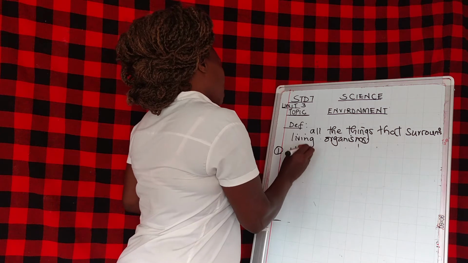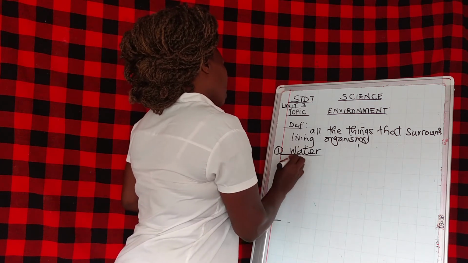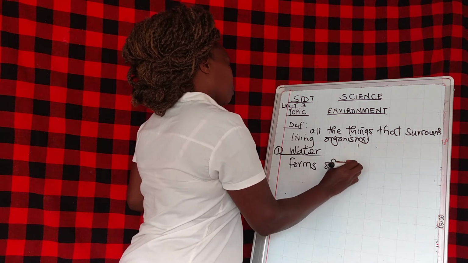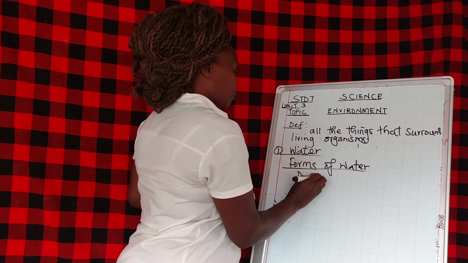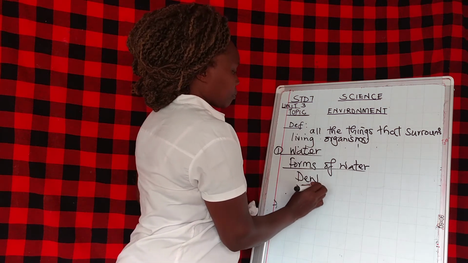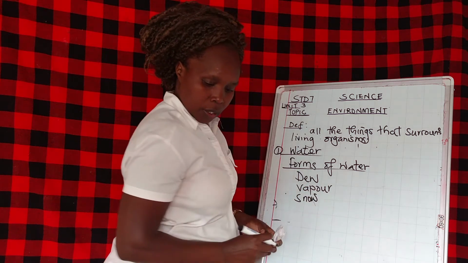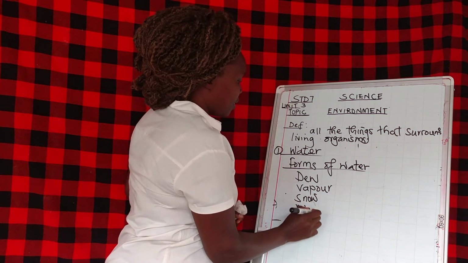Water is found in different forms. You can say forms of water. Water can be found in the form of dew, vapor, snow, and rain.